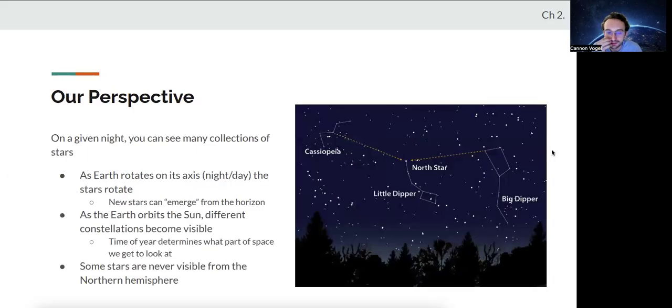Okay, so continuing on, what is our perspective? Well, as the Earth rotates, new stars emerge. Basically, if any star is below the horizon, we won't be able to see it. The extreme case of this is that in the northern hemisphere, there are some stars and constellations that we'll just never see. They're always below the horizon.